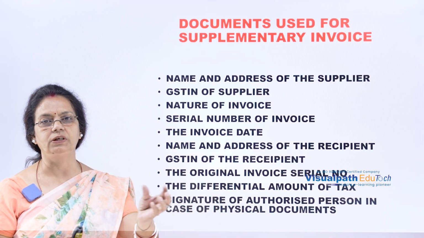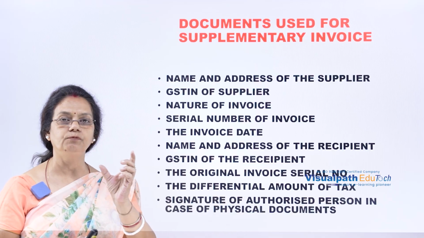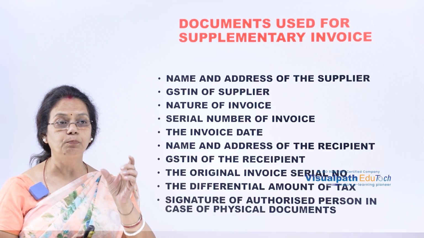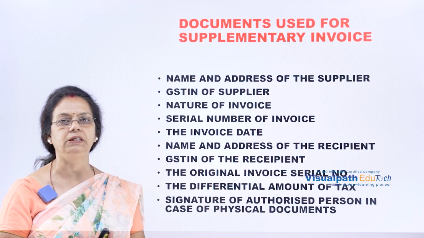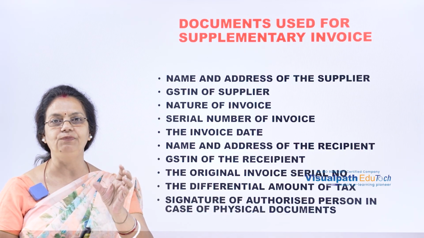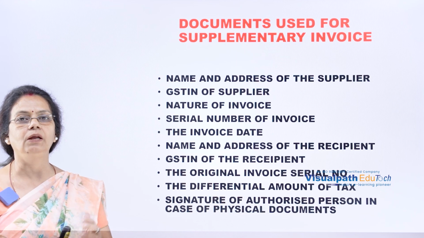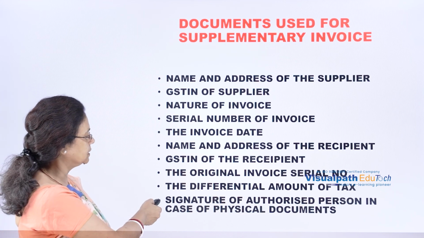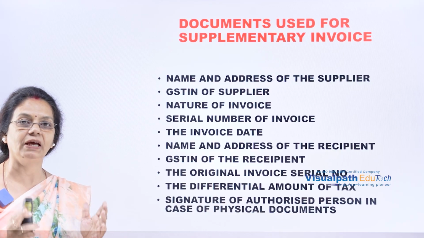By mistake, they have written 1 lakh and they have already dispatched the goods. So there is a difference of 20,000. We have to prepare this supplementary tax invoice only for that 20,000 rupees. That difference specifically we have to mention in the content of the supplementary invoice. So this is the point where the differential amount of the tax has to be mentioned in the supplementary tax invoice.